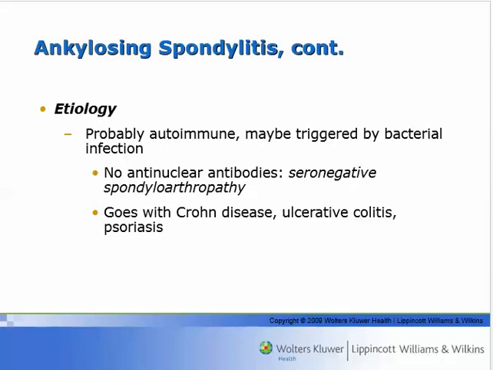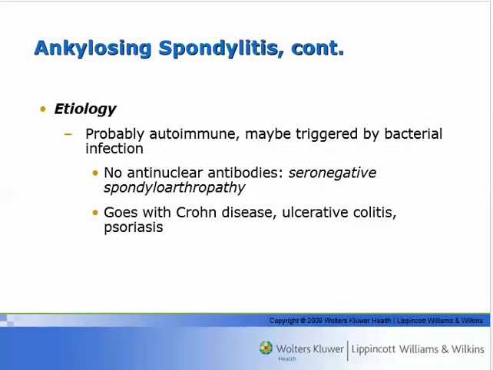The thing that makes it confusing is there's probably an inherited predisposition for it, but then there has to be some sort of autoimmune trigger, usually by some sort of infection.